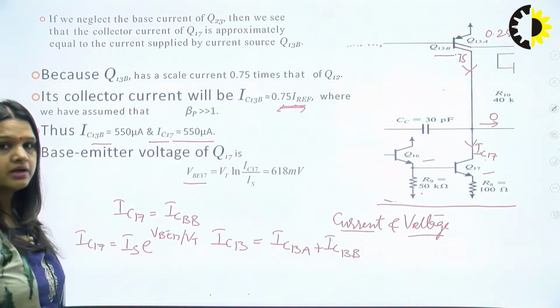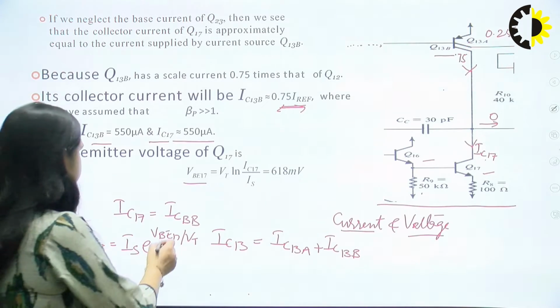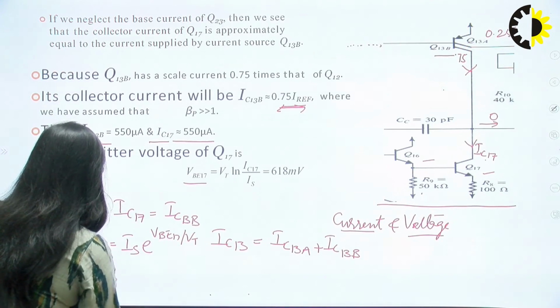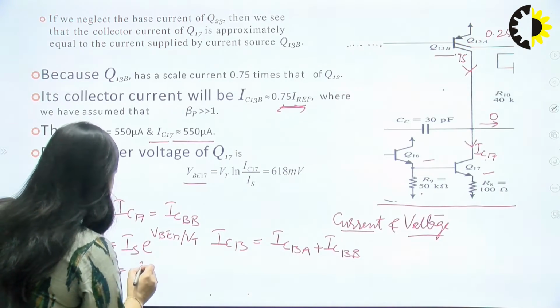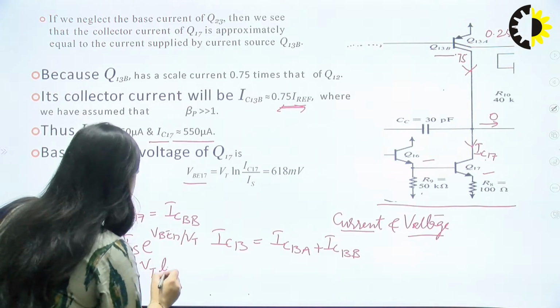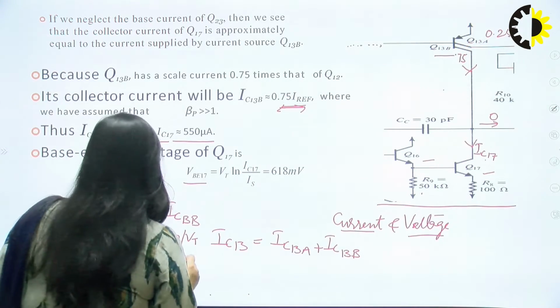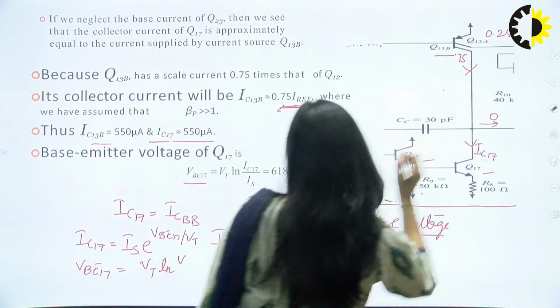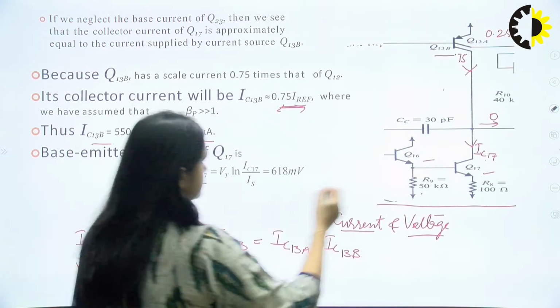From here you can calculate VBE17, which is equal to VT ln of IC17 by IS.